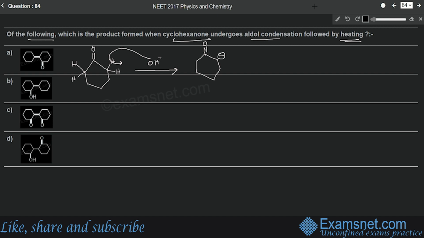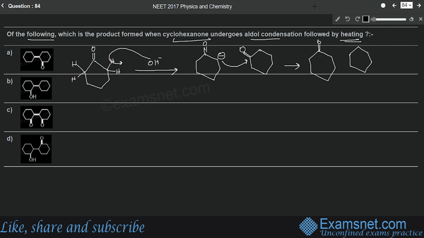Now what will happen? This will react with another cyclohexanone molecule. Okay, so this is another cyclohexanone molecule and this negative charge will attack on this ketonic carbon in order to form a bond with this molecule. Okay, so let's see. This is the first molecule. Okay, and this is the second molecule, isn't it?